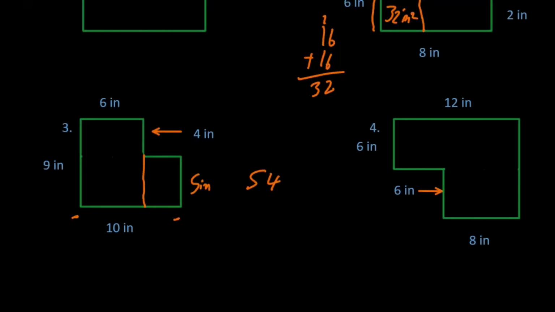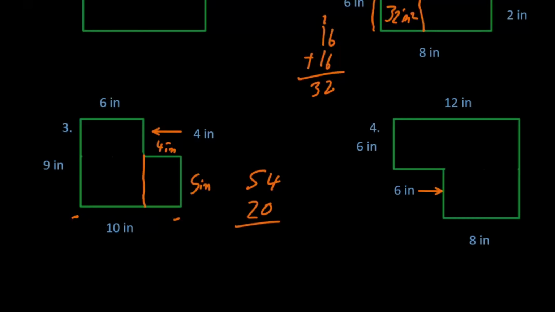So the whole entire width, if there's a line going all the way across, would be 10 inches. And 6 inches is already there. So 10 inches minus 6 inches equals this length. 10 minus 6 is 4. So it would be 4 inches right here. Now we have to do 5 times 4, which is 20.